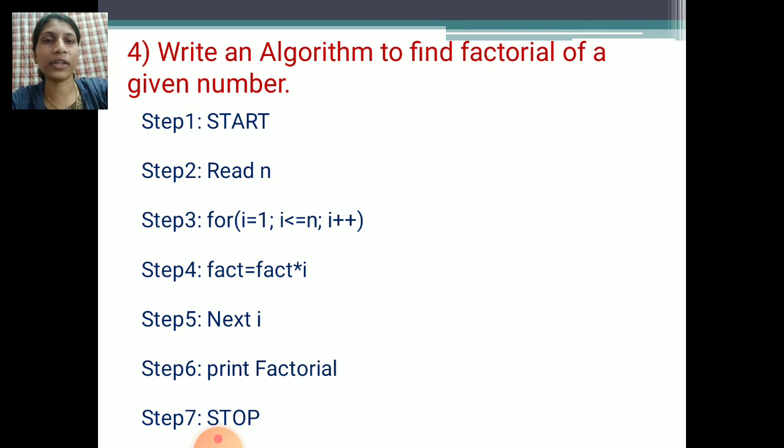Then the fourth example is: write an algorithm to find the factorial of a given number. If you want to find the factorial of a particular number, what does factorial mean? If you give 3, the factorial means the multiplication of that number and the previous numbers.